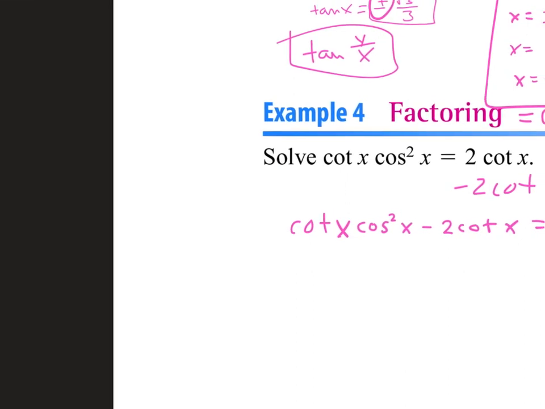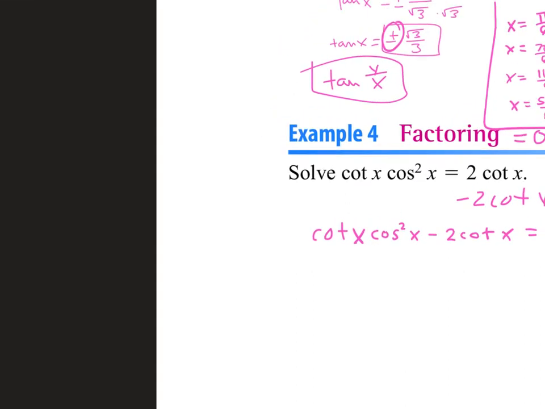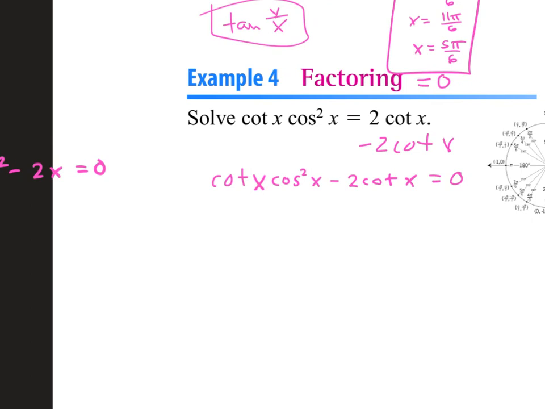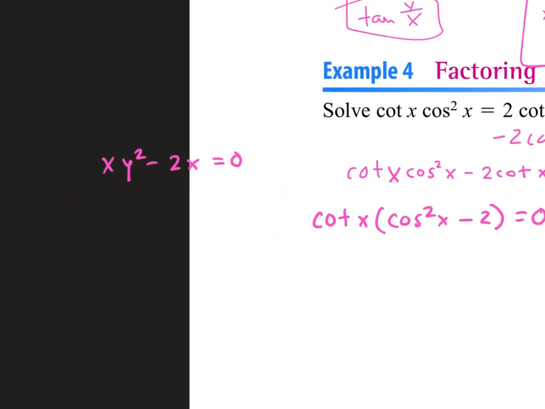If this looked like a regular algebra problem and we had, let's say, x times y squared minus 2x is equal to 0, how would we factor this? Take out the x. So what can we take out here? Take out a cotangent. So cotangent of x, and then cosine squared x minus what? Minus 2. Okay, so back to our regular algebra problem.